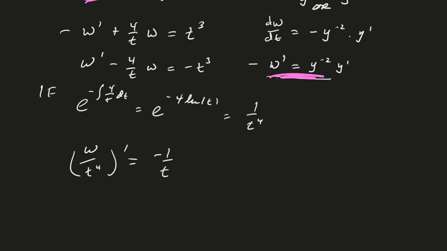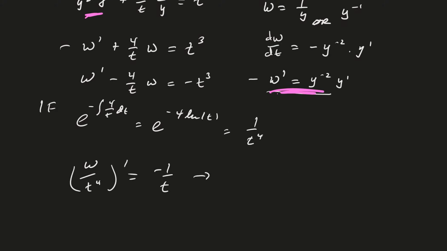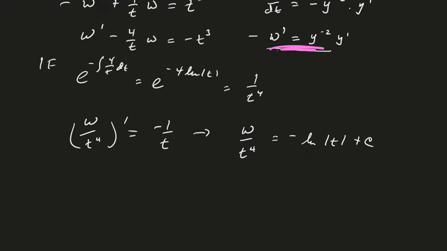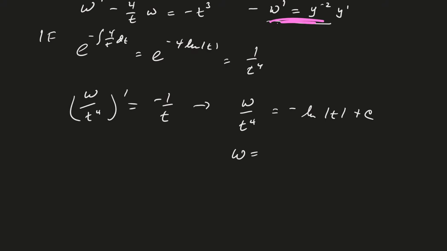We're getting there. So now we can integrate. Good. That's going to be minus natural log of t plus c. So finally w is minus t to the 4th natural log of t plus c t to the 4th.